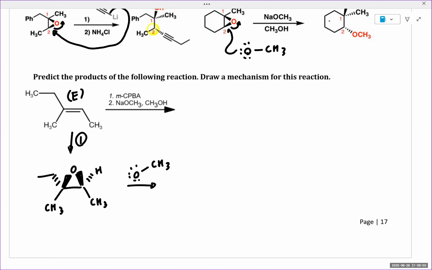So in this case, the nucleophile, which is methoxide, is going to attack and open the epoxide from the opposite face at the least substituted carbon. So we're going to attack the least substituted secondary position and open up this epoxide.